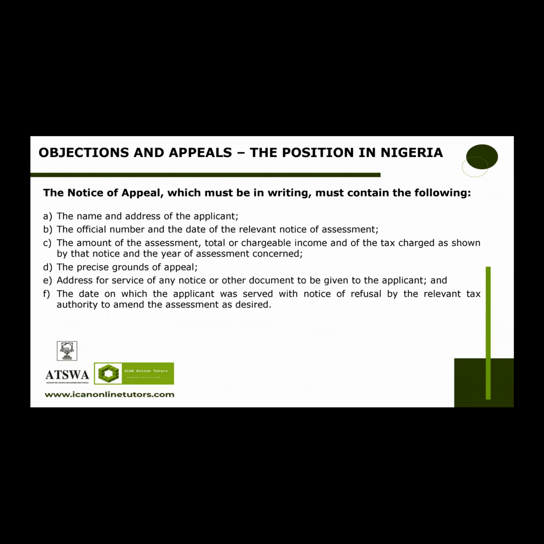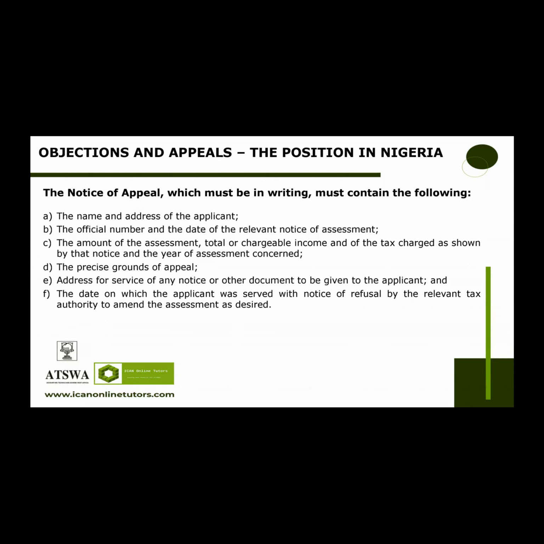Here, an aggrieved taxable person having failed to agree with the relevant tax authority may appeal against the assessment on giving notice within 30 days after the date of service of notice of refusal of the relevant tax authority to amend the assessment as desired.